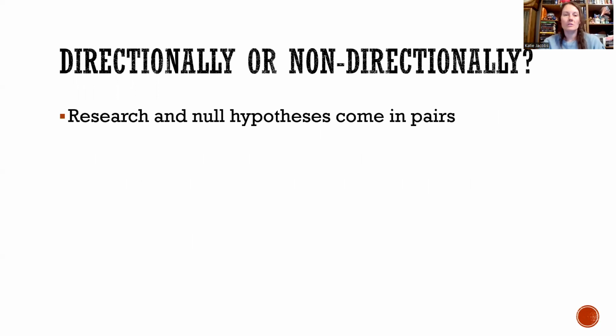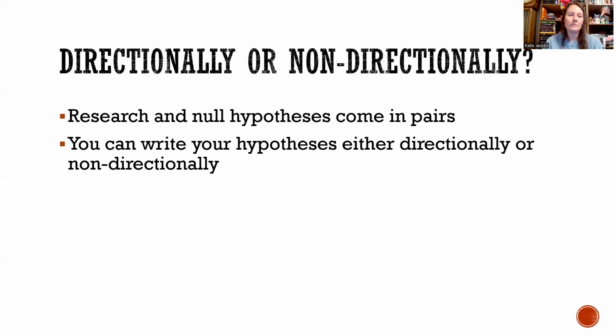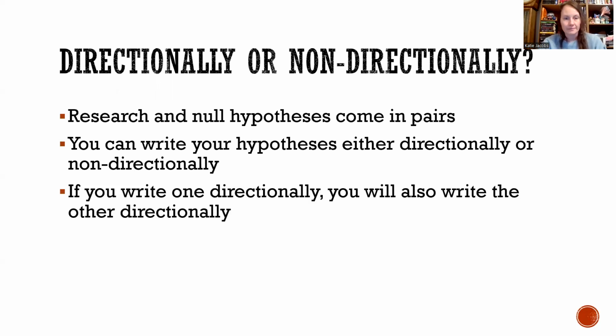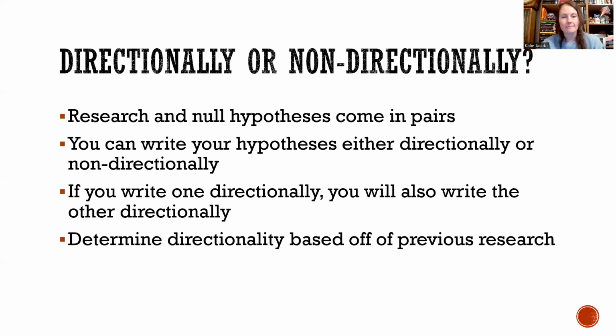Or if you write your research hypothesis non-directionally, you also have to write your null hypothesis non-directionally. Okay, and I'm going to repeat this because it's something that students sometimes struggle with. If you write one directionally, you also have to write the other one the same way. Okay. And we'll get into more why this is as we move along into this unit.